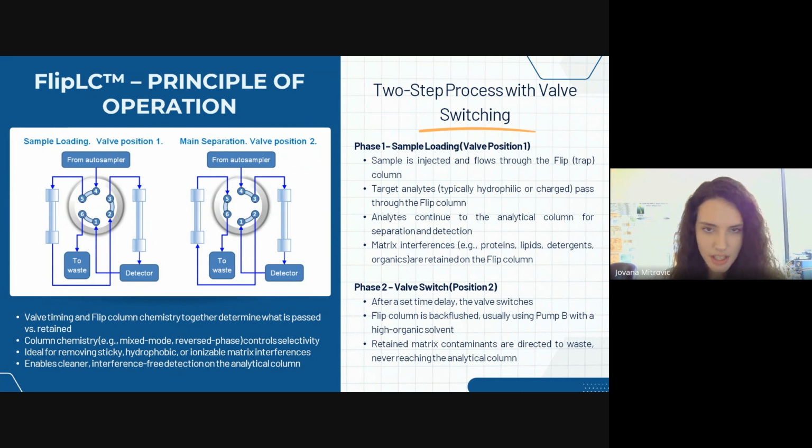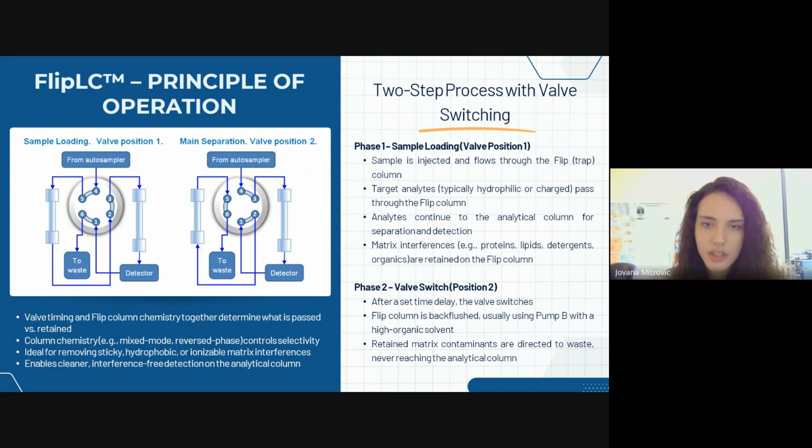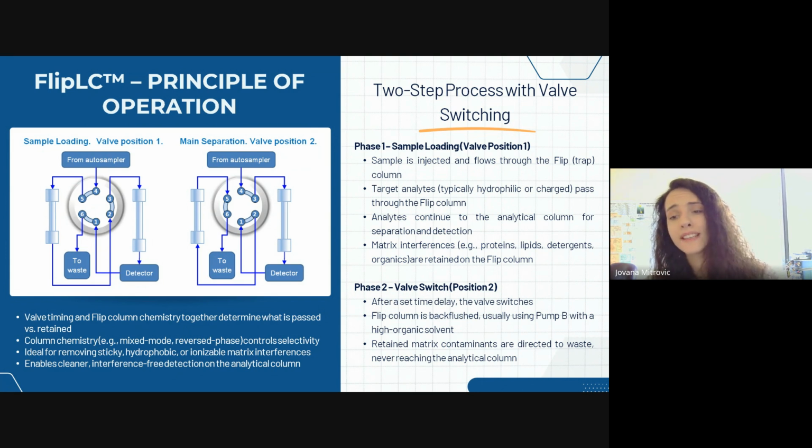This selective retention allows the flip column to act as an inline trap, holding back compounds that could otherwise foul the analytical column or interfere with detection. Now, phase two, which is valve switching and backflush. After a precisely timed delay optimized for complete analyte transfer, the valve switches position.